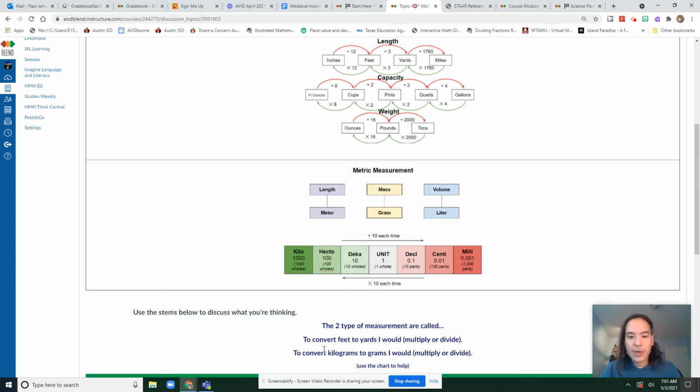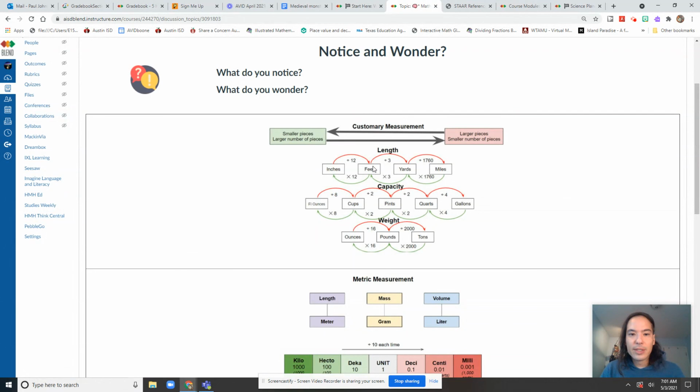So to convert kilograms to grams, I need to multiply. 1 kilogram times 1,000 equals 1,000 grams. To convert feet to yards, that would be divide by 3, as it says right here.